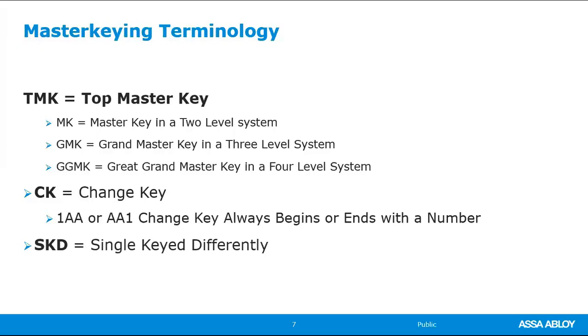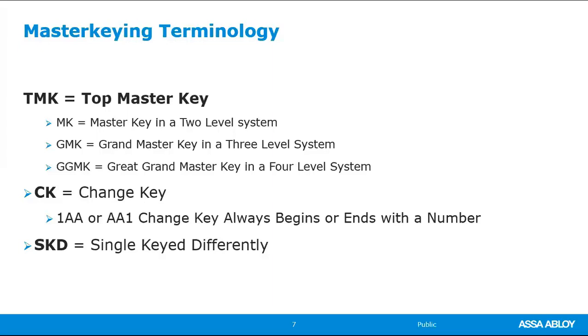Now, another term is called single keyed differently. Single keyed differently means that cylinder cannot be part of the master key system. No master key can fit it. It has to be completely removed from the master key system, but you still want to keep track of what that opening is keyed to. So you will label it as single key differently 1.